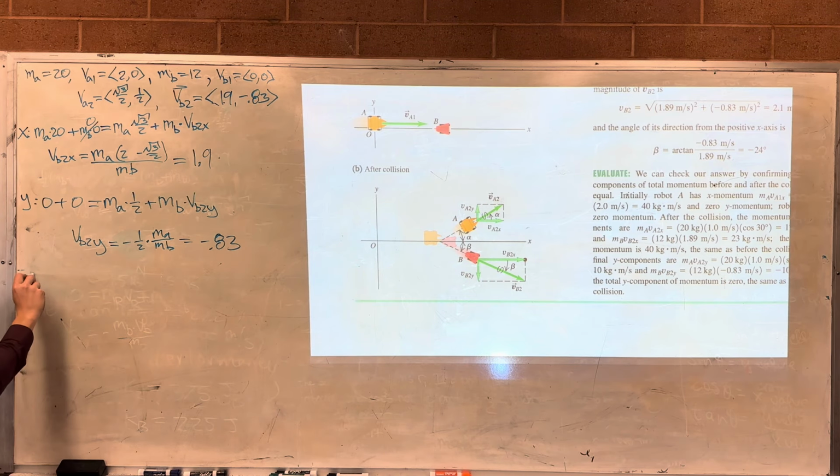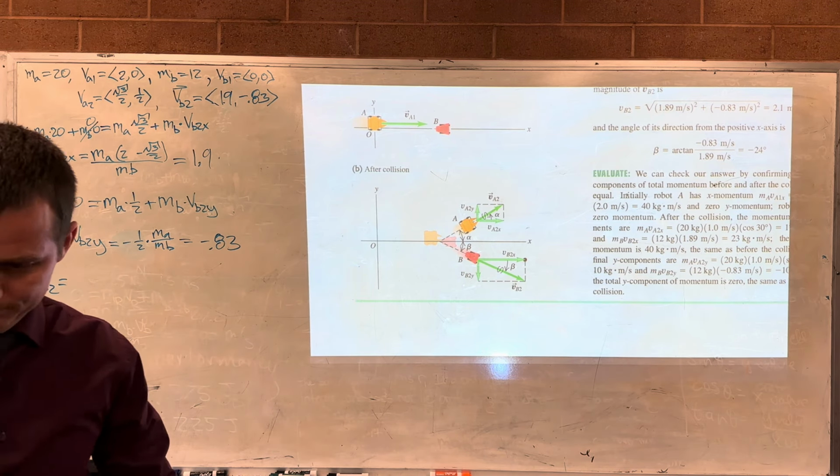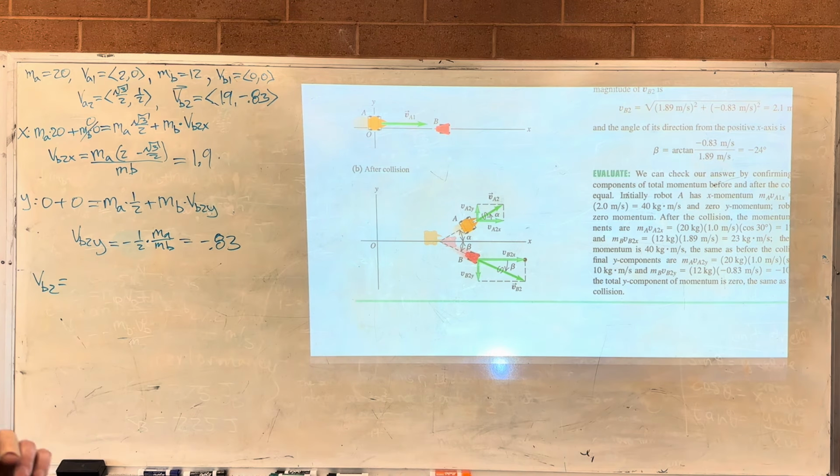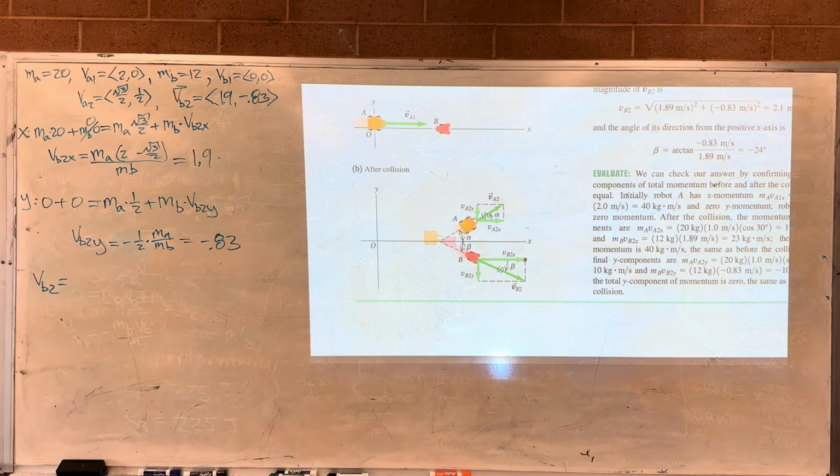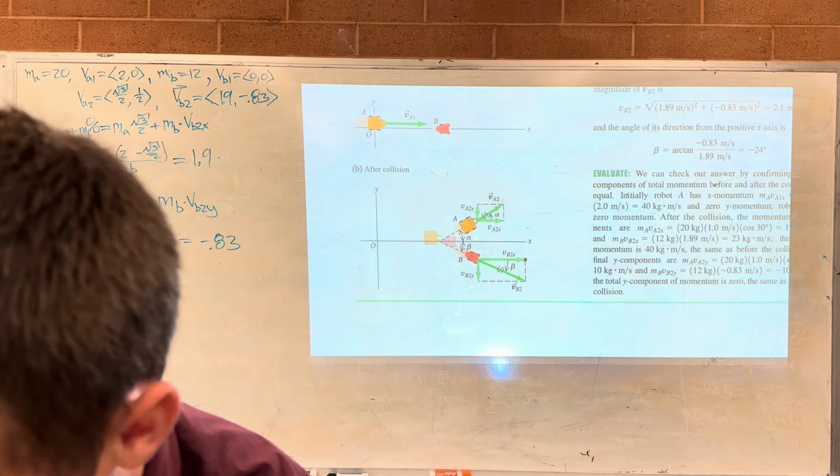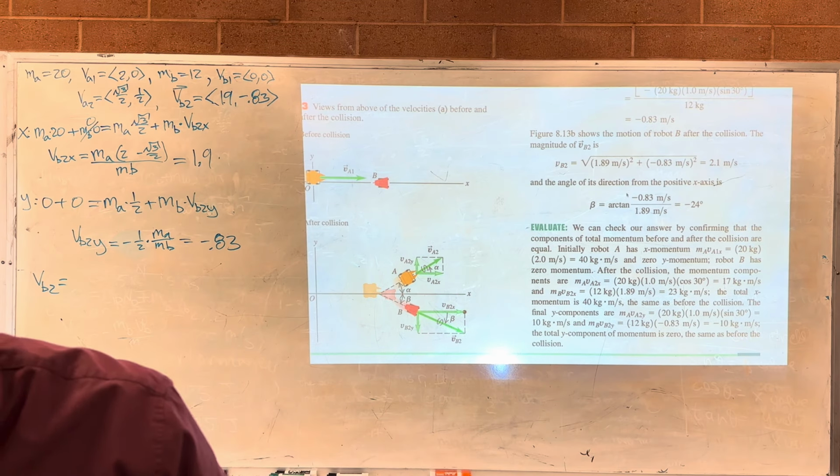I assume that they wanted the magnitude. So VB2 is going to be the square root of the x squared plus the y squared. And I'm getting about 1.69, 1.7.